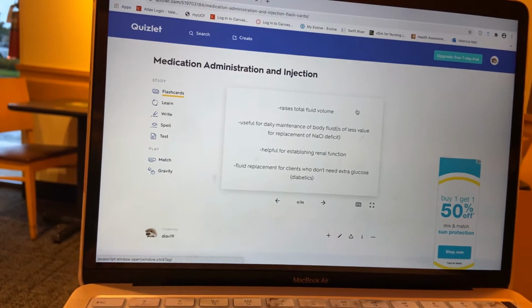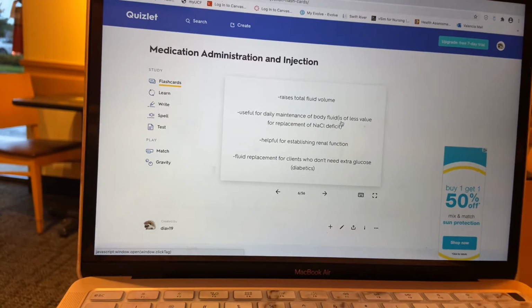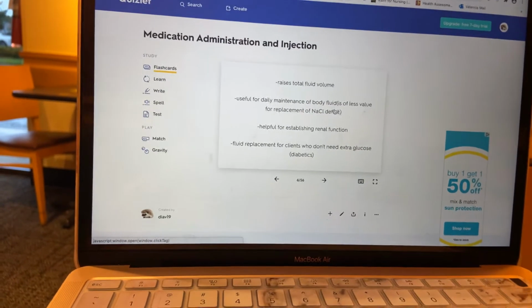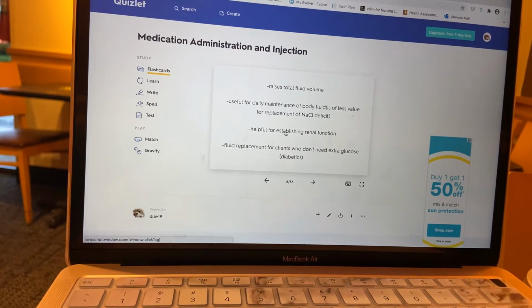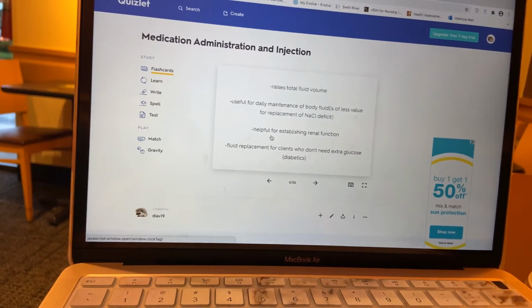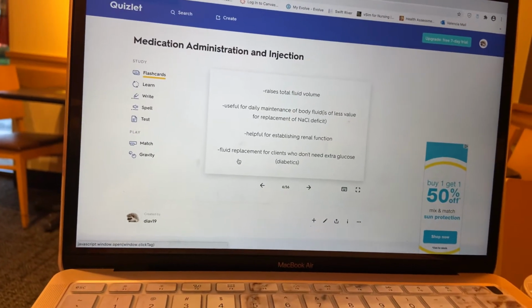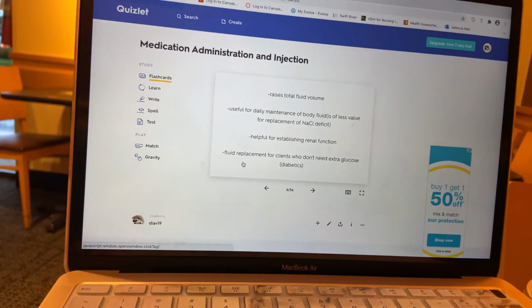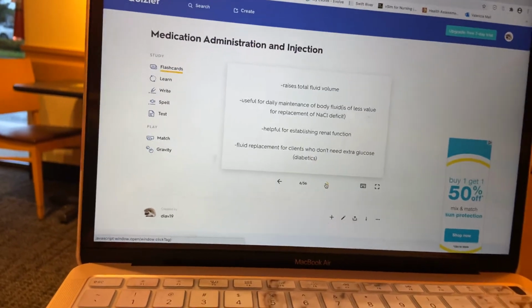It's useful for daily maintenance of body fluids, but it is of less value for replacement of sodium chloride deficit. It's helpful for establishing renal function, and it is a fluid replacement for clients who don't need extra glucose. These are your diabetics.